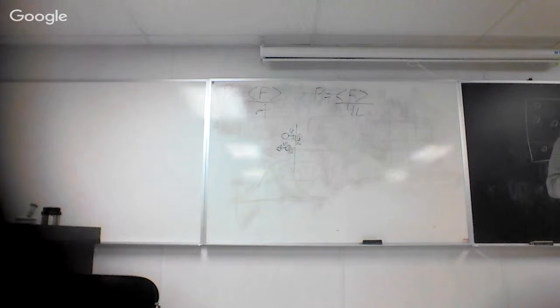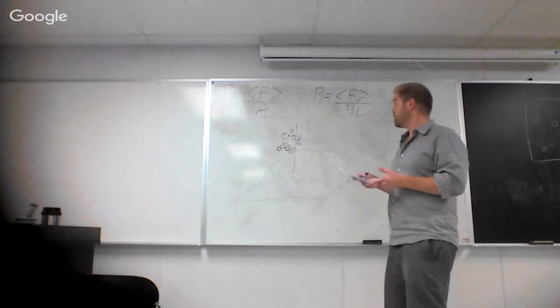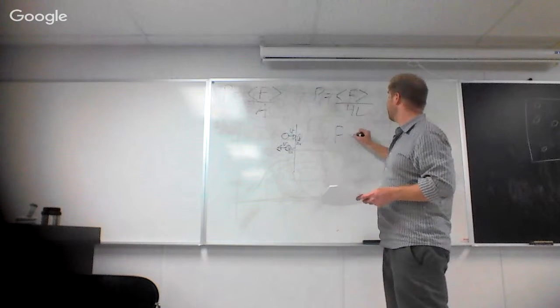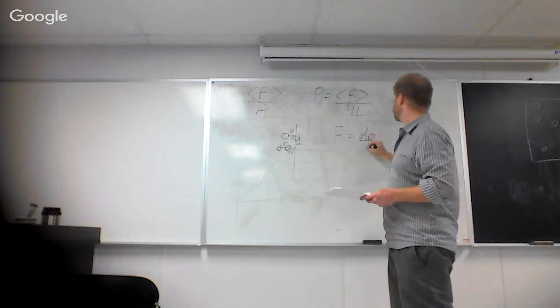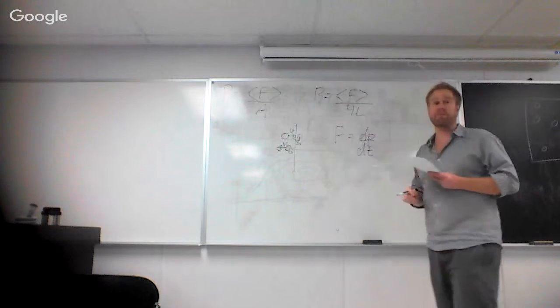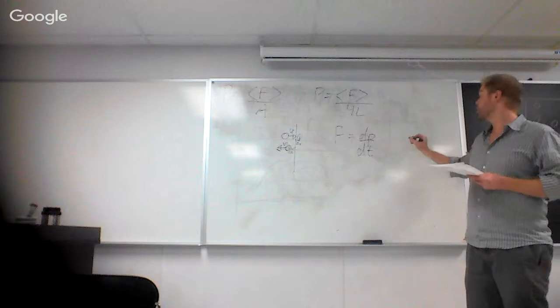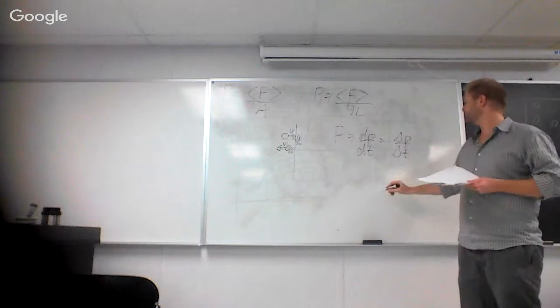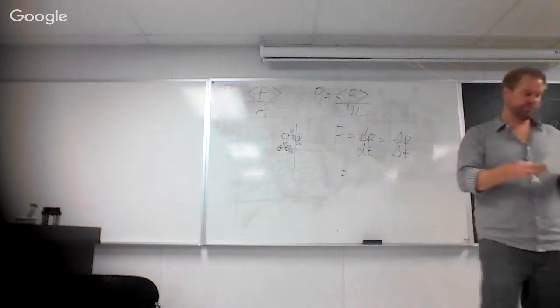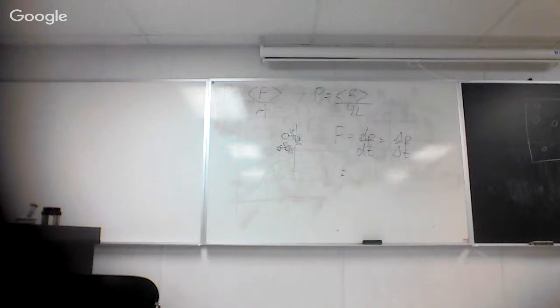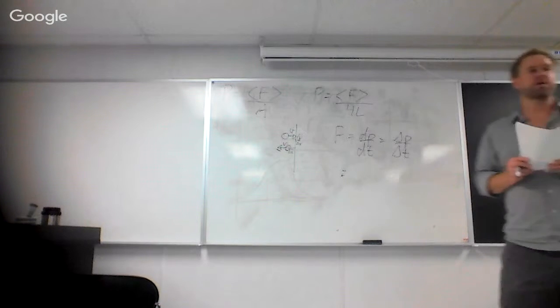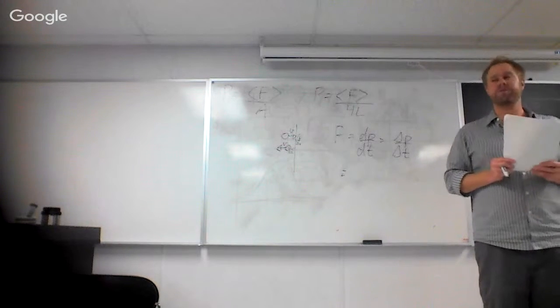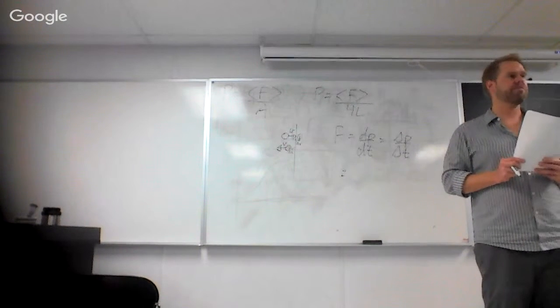Well, we can calculate the force in this transition, because the force is the change in momentum over the change in time. We're doing this discretely, so it's dp over dt. What's momentum equal to? Yeah, mv.